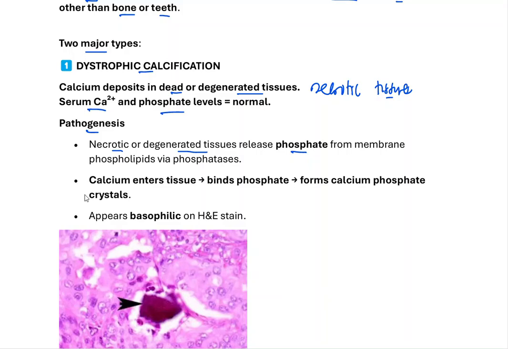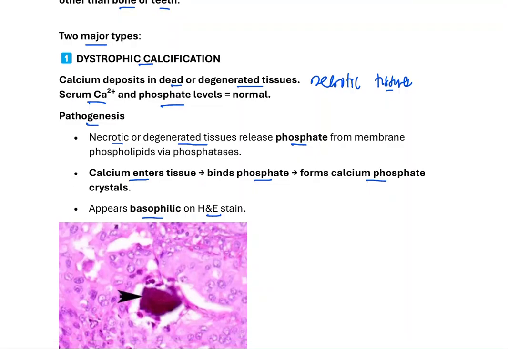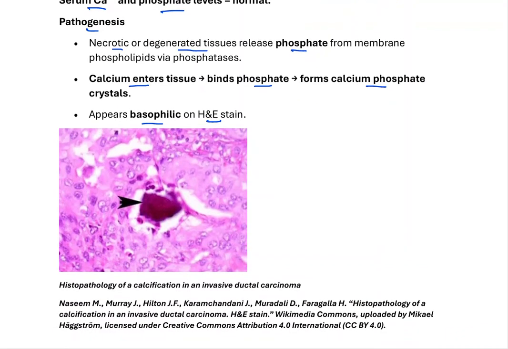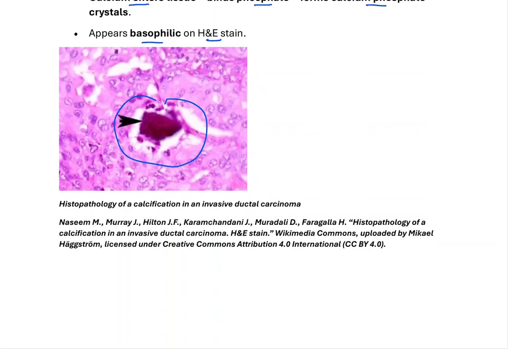And now that gives opportunity for calcium to enter those tissues and bind to phosphate and then form calcium phosphate crystals. And when you apply your H and E stain, they're going to appear basophilic, slightly blue, as you can see in this image that was taken from a patient with invasive ductal carcinoma.